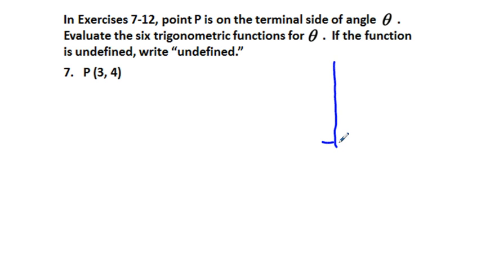If we create a little coordinate pair here, we can put the point here, 3 to the right, 3 comma 4. So here's the point 3 comma 4, and we're trying to find the ratios. And to do that, let's just fill in what's left.